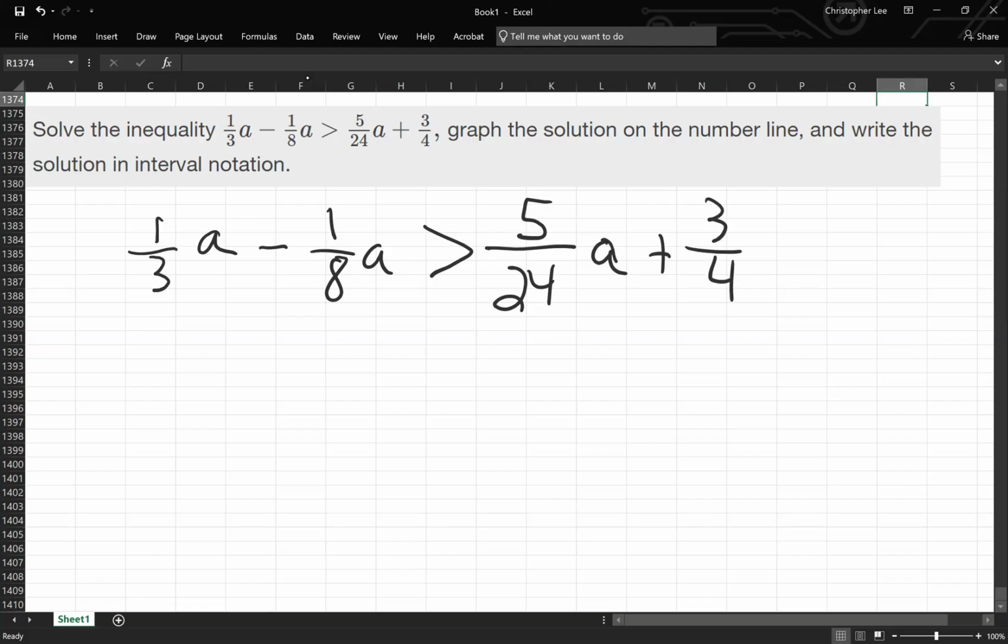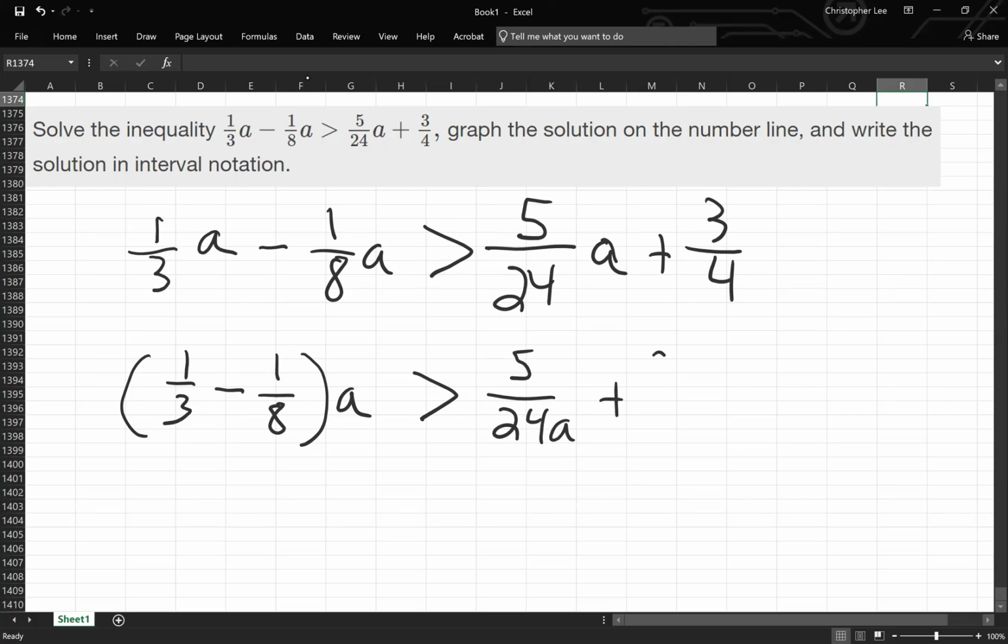So first thing I want to do, let's combine like terms. So I have, in parentheses, 1 over 3 minus 1 over 8 times a greater than 5 over 24a plus 3 over 4. Now, in order for me to combine like terms here, they have to have the same denominator.